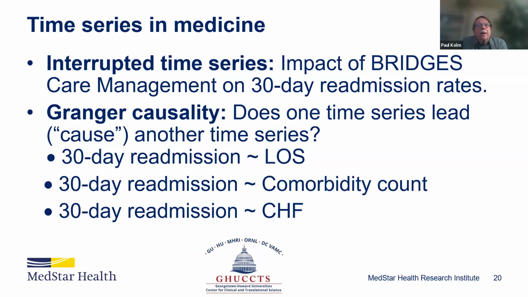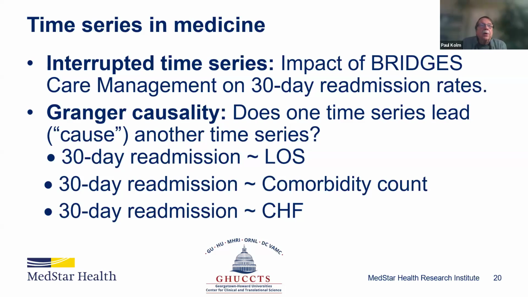One of the things that we might want to ask, if we did just a regular regression analysis, is whether there are demographic variables or clinical variables that affect the 30-day readmission rate.